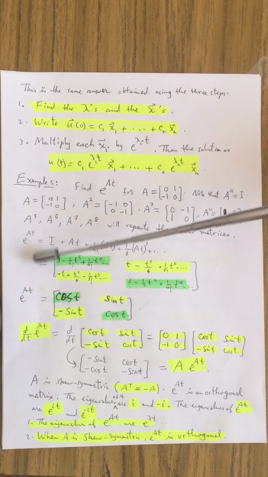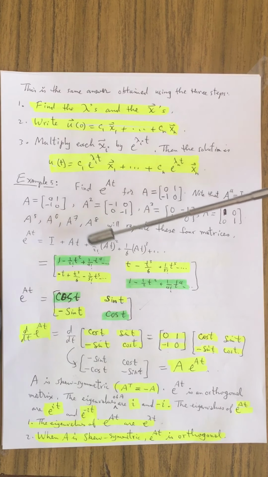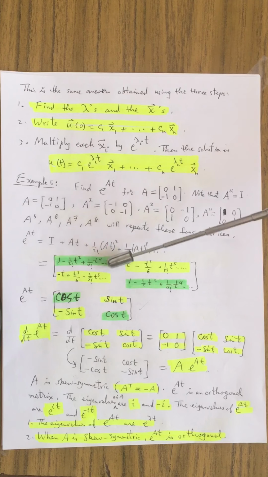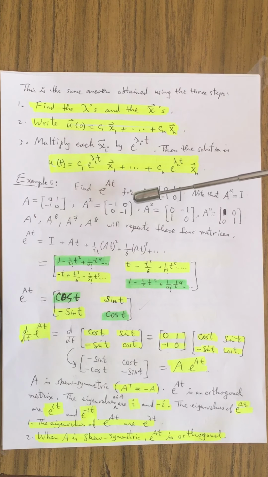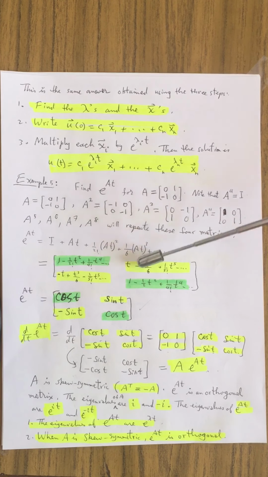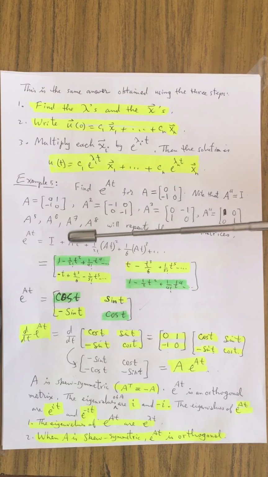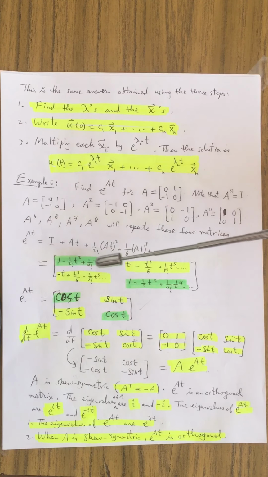So we can write now e to the At equal to I plus A times t, then 1 over 2 factorial A squared times t squared, and 1 over 3 factorial, which is 1 over 6, times A cubed t cubed, and so on. So if we substitute into the matrix, we will get the first term here.